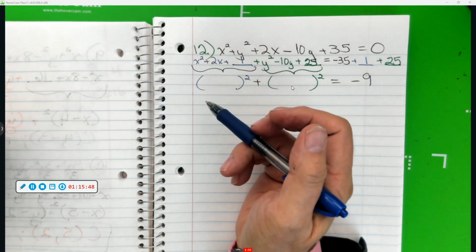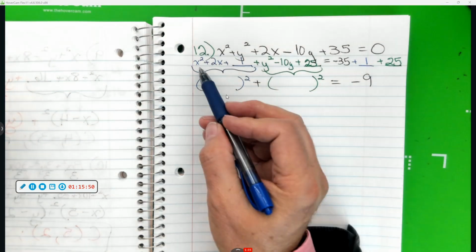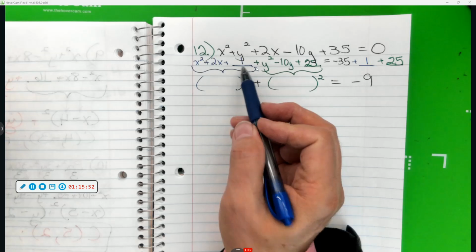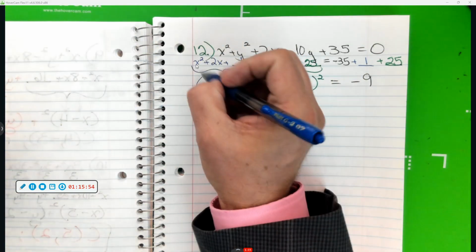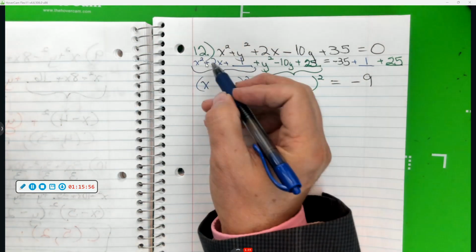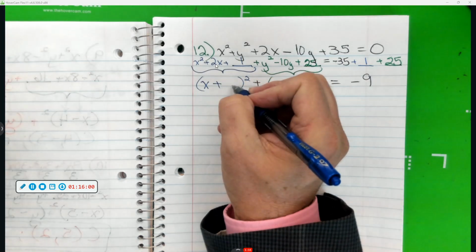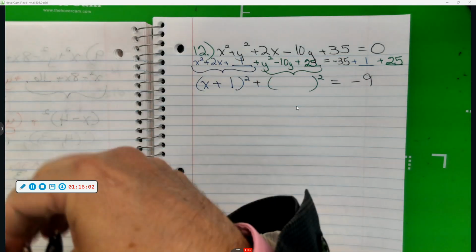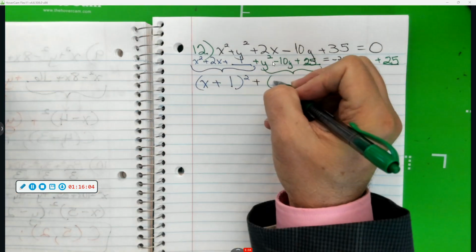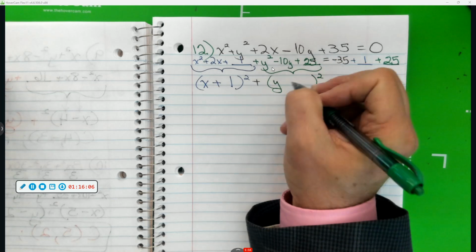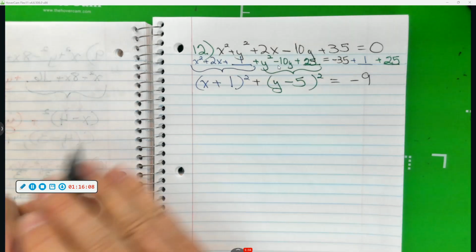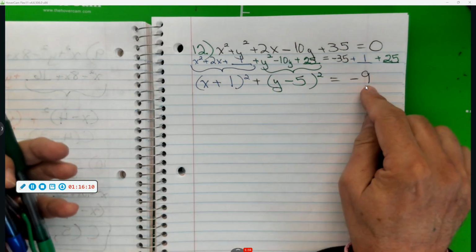You confused them by having me jump there, okay? They want me to factor this thing the way I said I normally do. It factors as x plus number. Okay, and now the y's here. Y minus 5. And over here we have a negative 9.